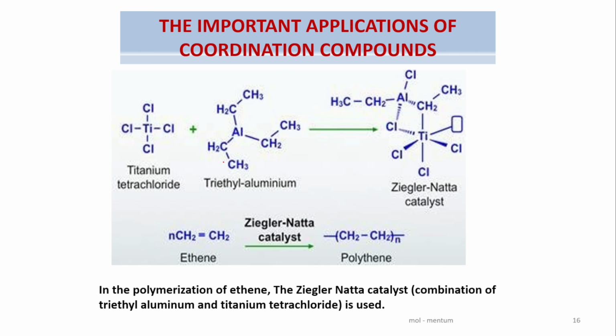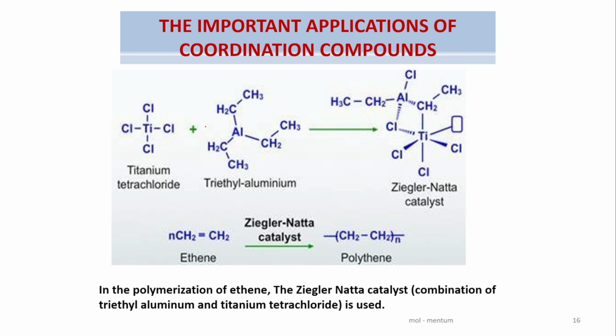Then we all use polythene. Polythene is prepared using ethene and Ziegler-Natta catalyst. Ziegler-Natta catalyst is a very important organometallic catalyst, which is also an example of a coordination compound.